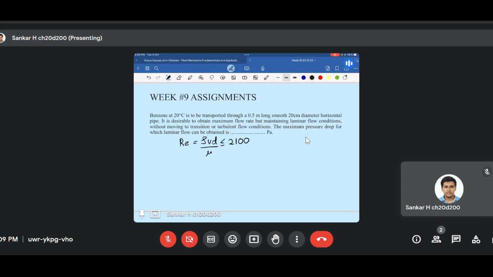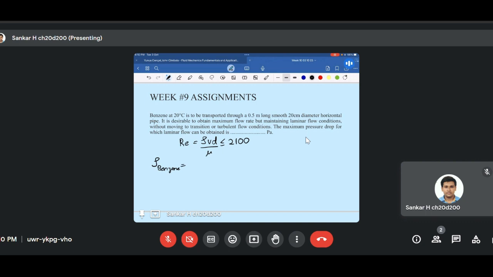So let us consider the maximum value of 2100. Some research is required to answer this question, in the sense that the density of benzene is not given directly.